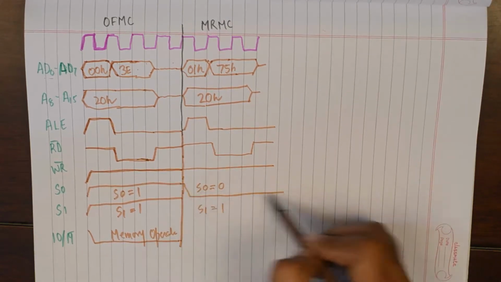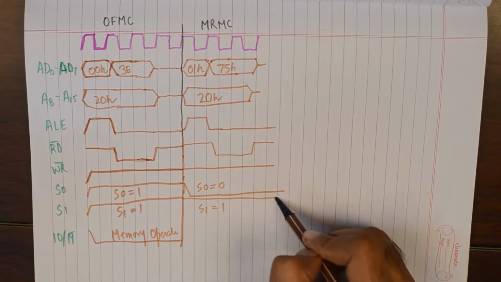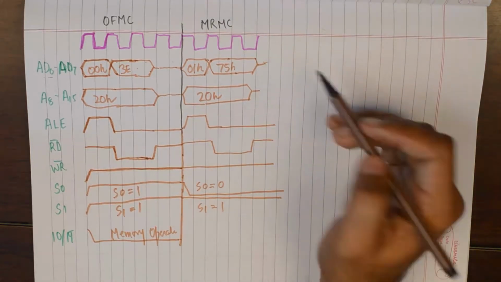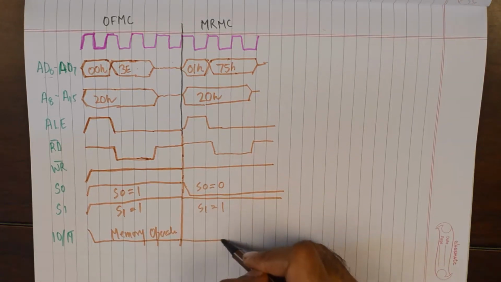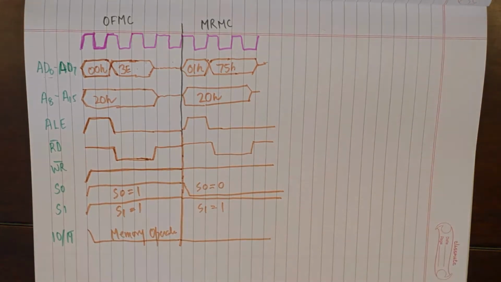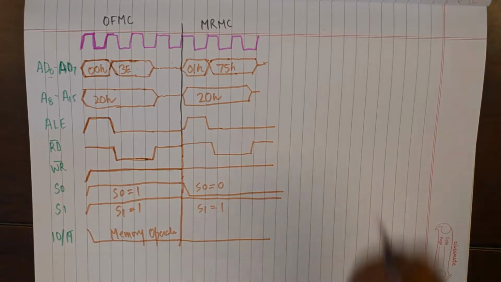So S0 goes to 0, S1 stays 1, and the operation is completed. And again, IO/M stays low because this is being fetched from memory.